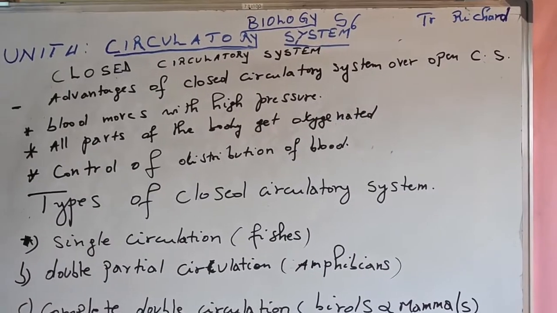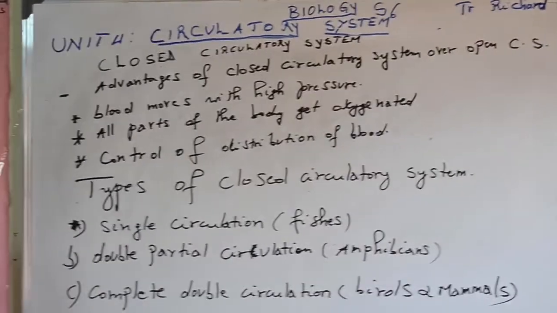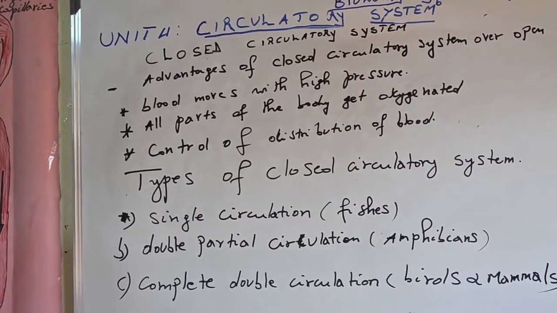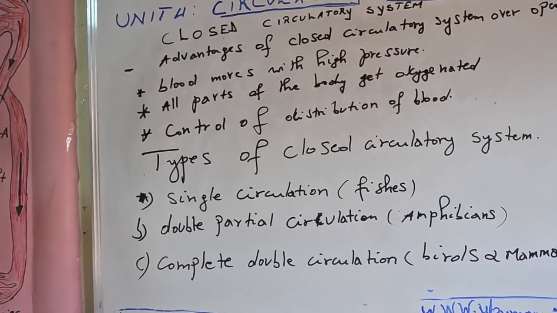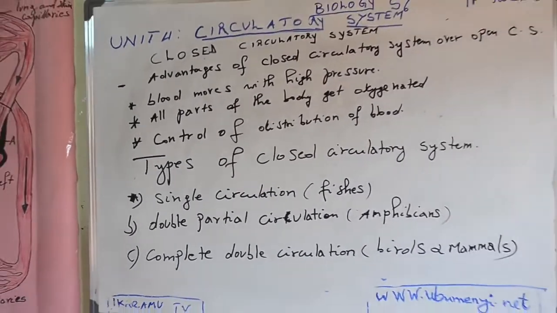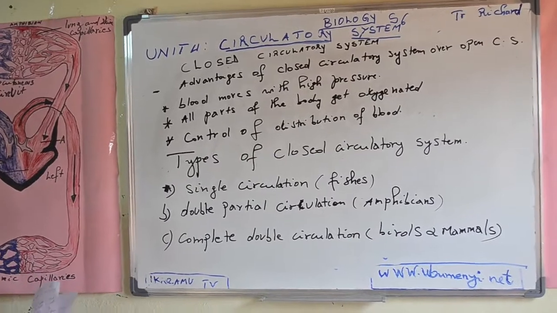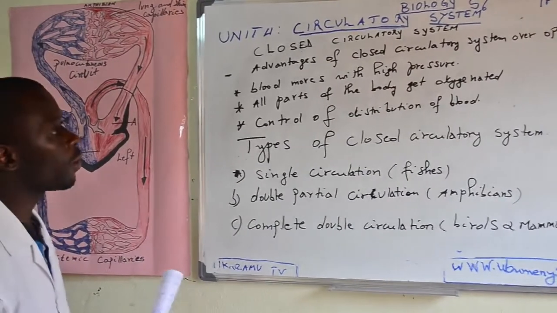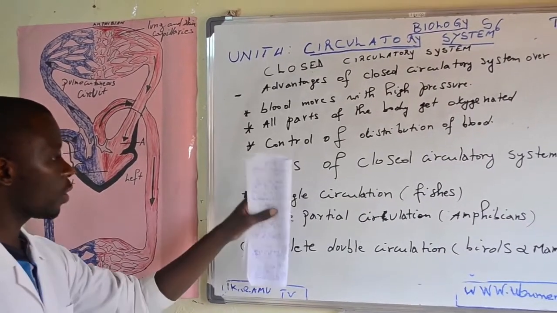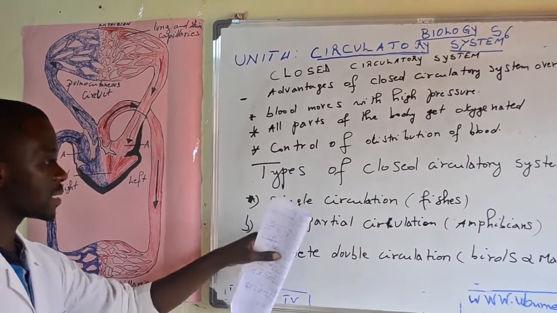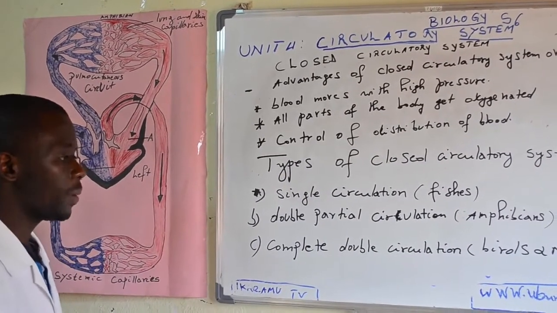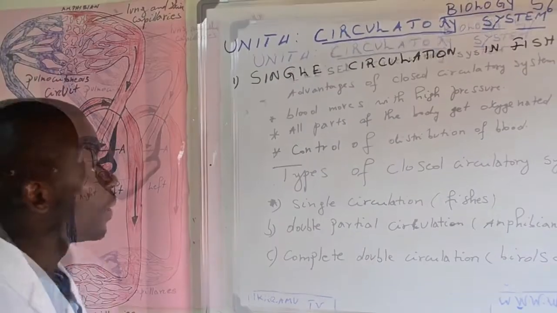These are the three types of closed circulatory system. You can have the single circulation, double partial circulation, and the complete double circulation. Dear students, we are now going to see all these in detail: what single is, what double is, and what complete double is.